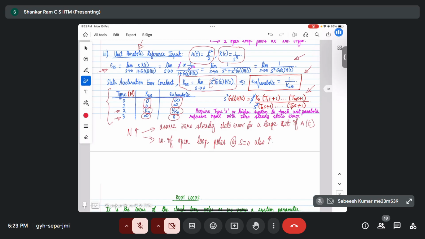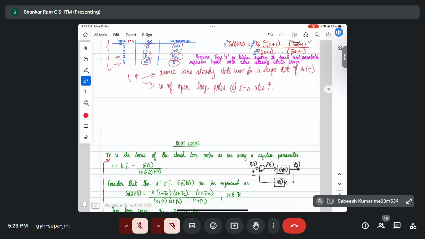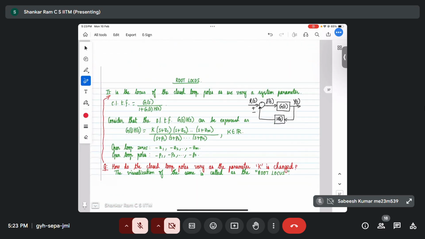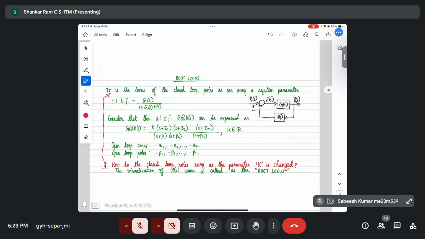Any other questions on steady state error analysis before we go to root locus? All right. Please note the root locus steps PDF file is given in the same folder as the videos.